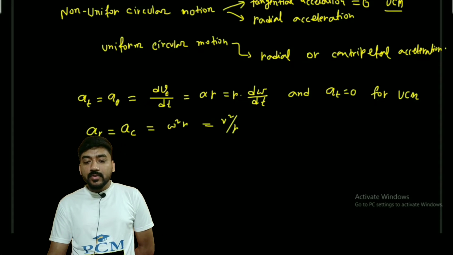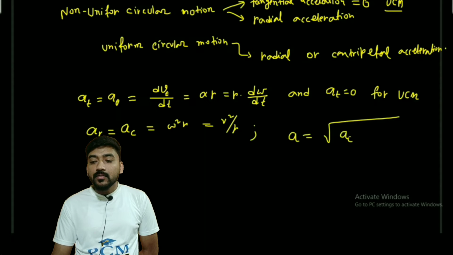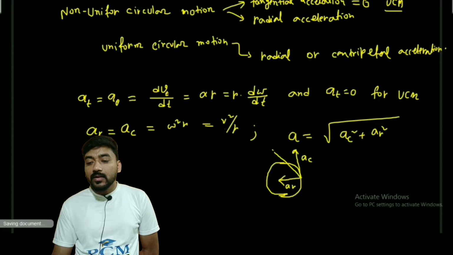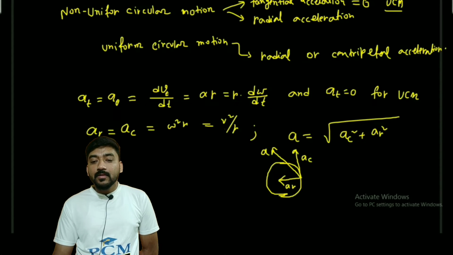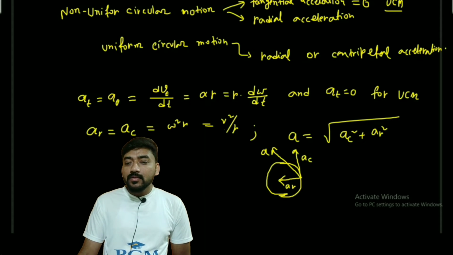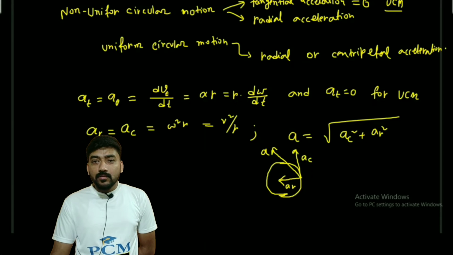And the resultant acceleration A is the root of a_t squared plus a_r squared, because I discussed in the last class that there are two components, tangential and radial, and the vector resultant of these is A. This was the actual outcome of the last two classes, where I discussed the things in great detail using a typical proof derivation.